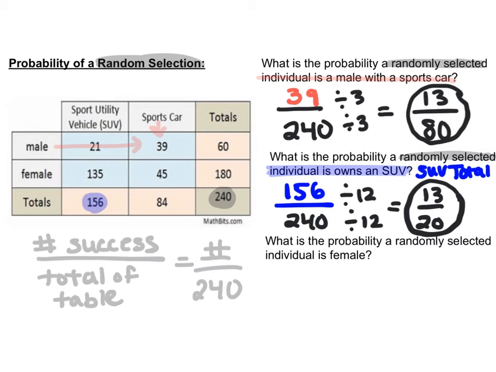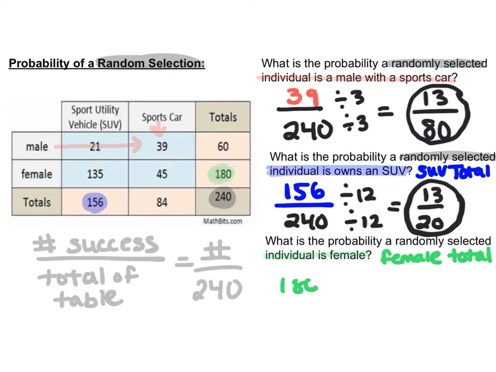For the last example, it asks, what is the probability a randomly selected individual is female? Which means that they're not necessarily looking for the car type, they're looking for the female total, which from looking at the table is 180.